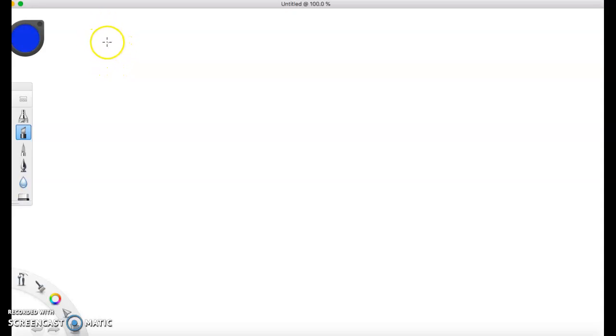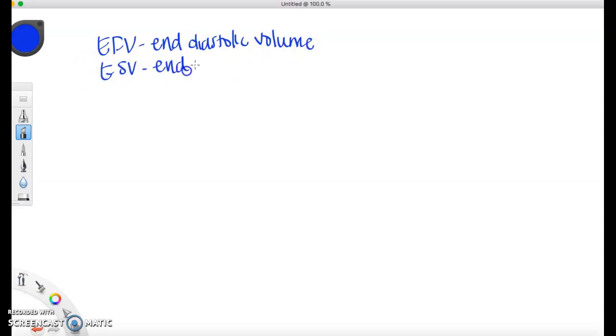So we had end diastolic volume, that should be a V, not an S, sorry. So end diastolic volume. And we have end systolic volume.